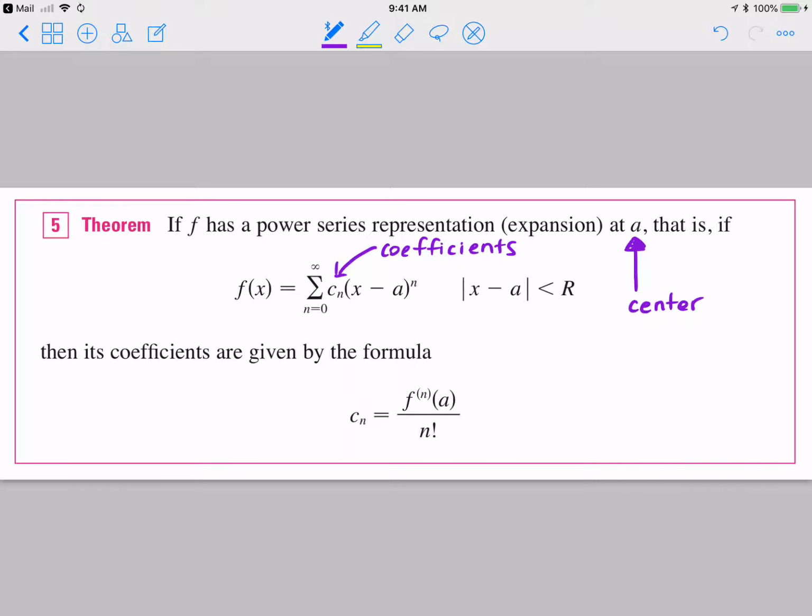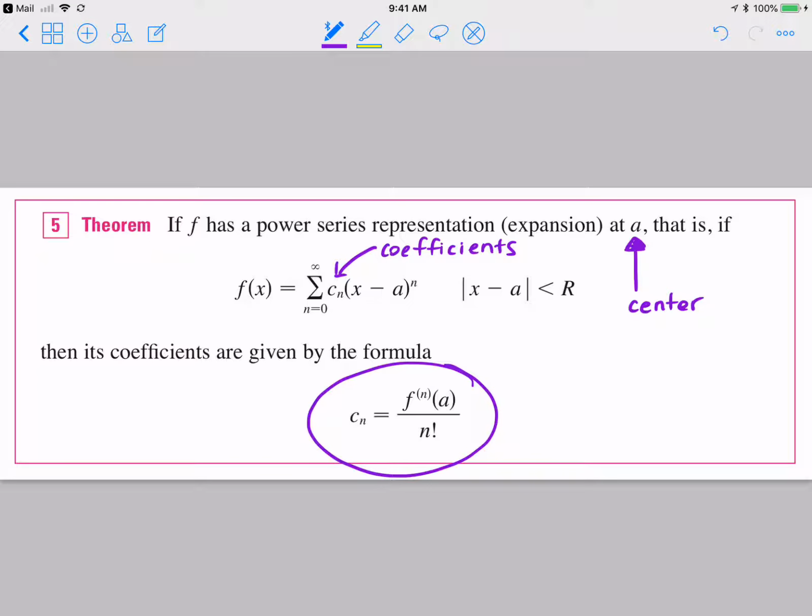And the formula, if we know that f has a power series representation at some point, then the coefficients are given by this formula right here. So C sub n is equal to the nth derivative at the center divided by n factorial.